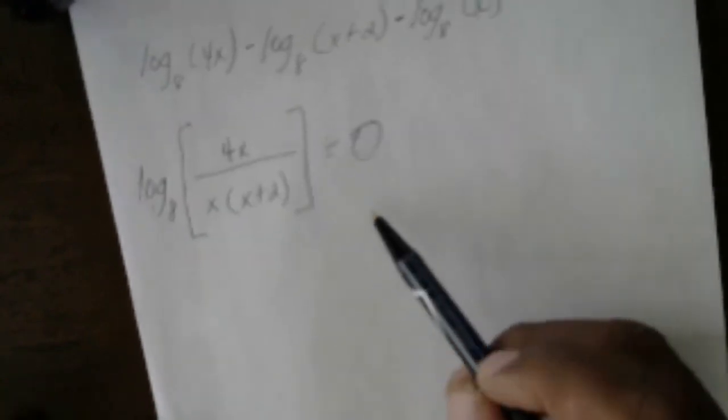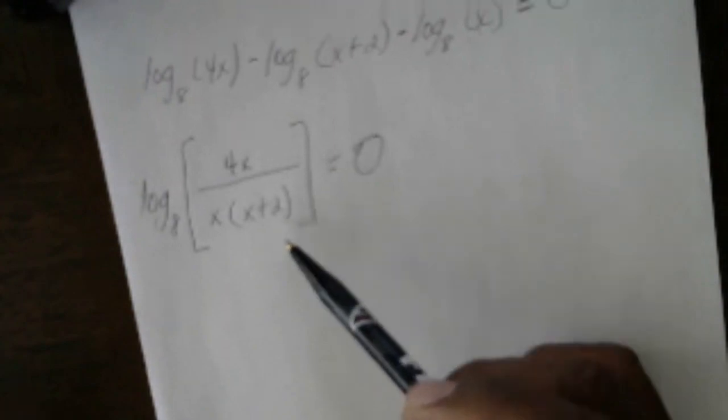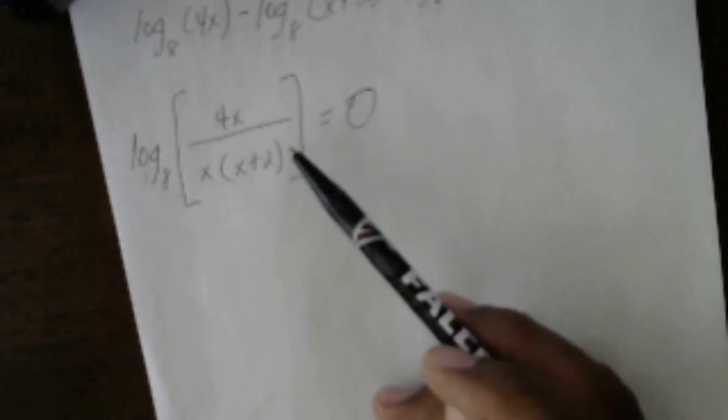All right, so this is what I have. Notice that in my denominator I have x plus 2 times x. Those things go in my denominator. The next thing I'm going to do is rewrite this as an exponent.